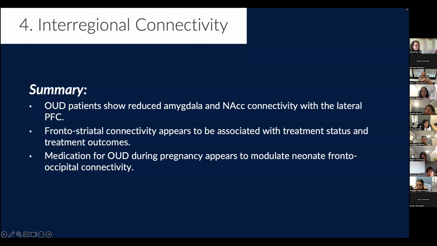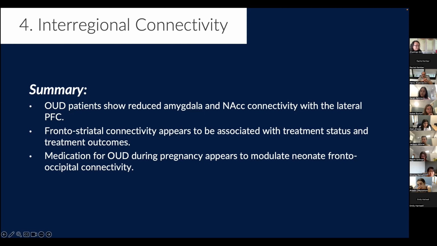So lateral PFC is a frontal region involved in executive function. So executive function is basically judgment, to really simplify it. So that part of your brain is what helps you make appropriate judgments about things.